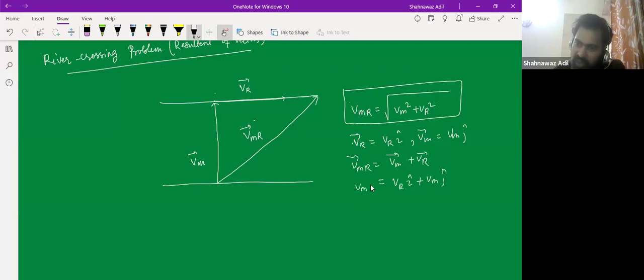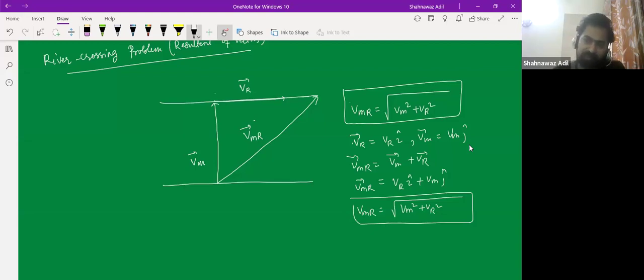And from here you can also see the magnitude, which is simply the square root of Vm square plus Vr square. So we'll get the same result using the idea of IJK. This is the case when you are going in the upward direction. But this is also called the shortest time approach.